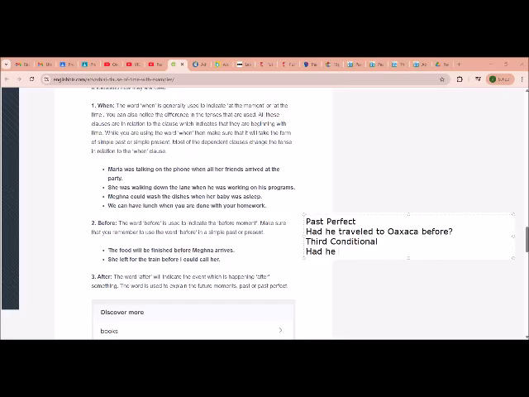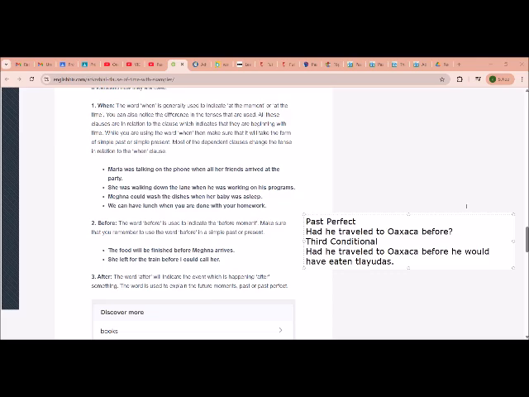This time expressing a missed opportunity. Had he traveled to Oaxaca before, he would have eaten tlayudas. All right? But he didn't, had never traveled to Oaxaca, so of course he had never tried tlayudas.